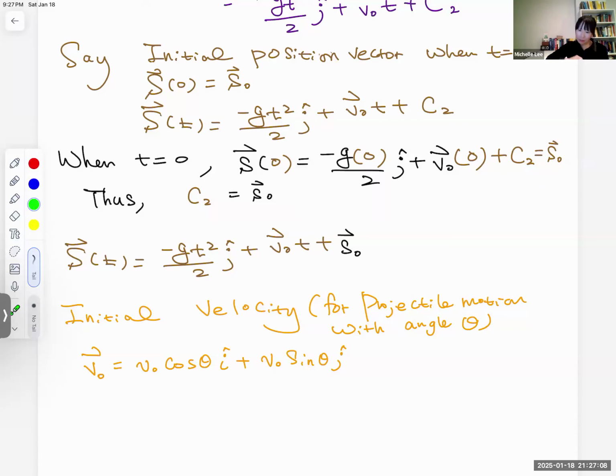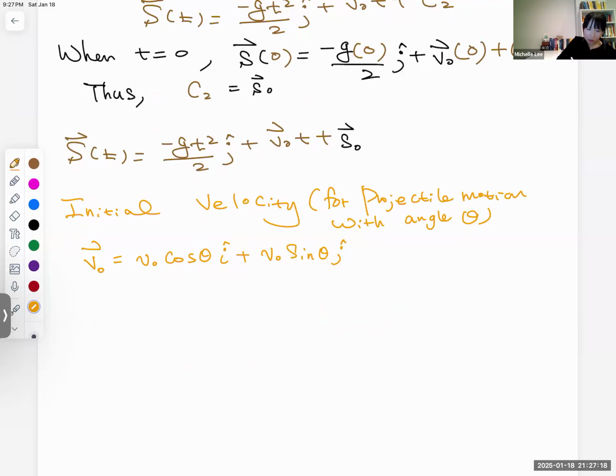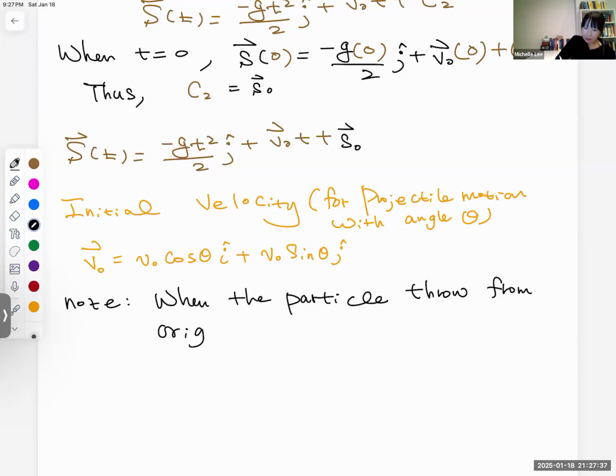So we have, when the particle is thrown from the origin, then x naught is equal to 0.